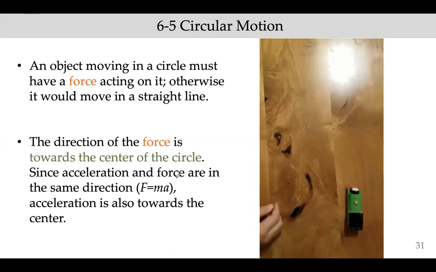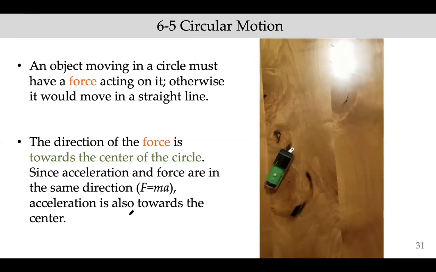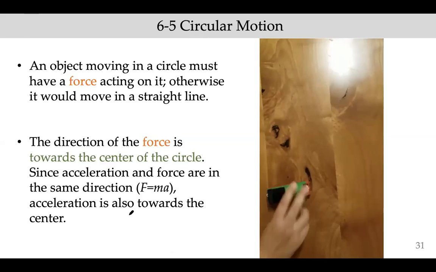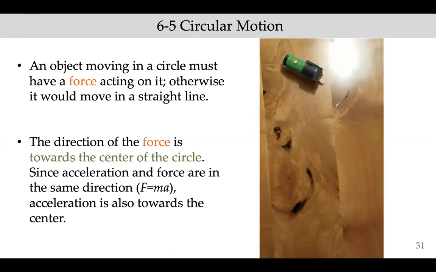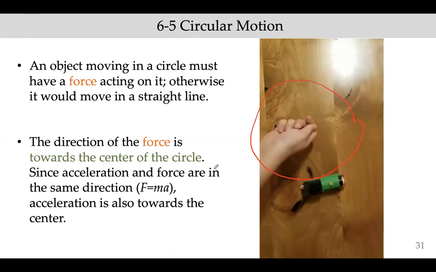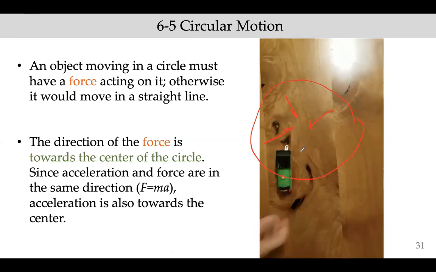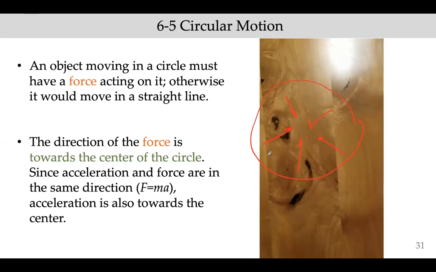Since acceleration and force are in the same direction, acceleration is also towards the center. You will see that in the next slide. But the point here is, if I pull it all the time towards the center, then it makes a circular motion. Or in other words, if there's a circular motion, that means there's some force that pulls it towards the center all the time. And you see what happens if I stop pulling it towards the center: the train goes straight.